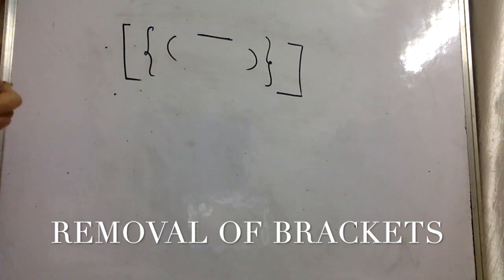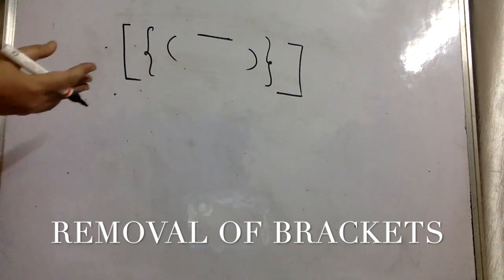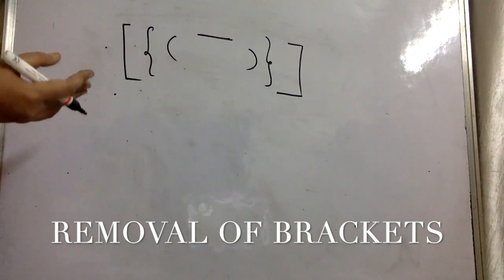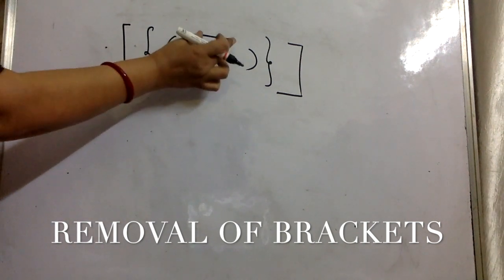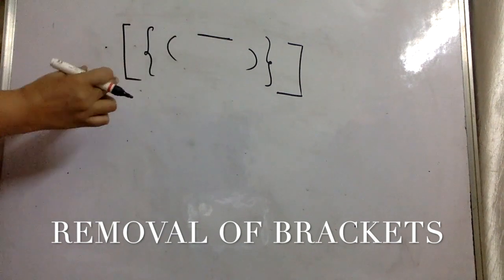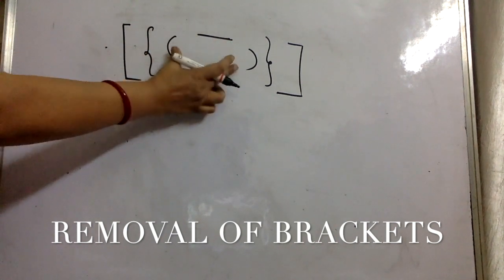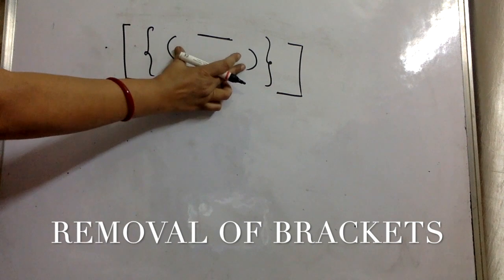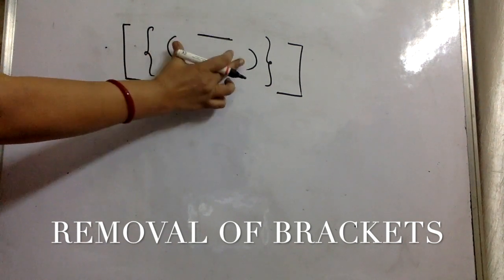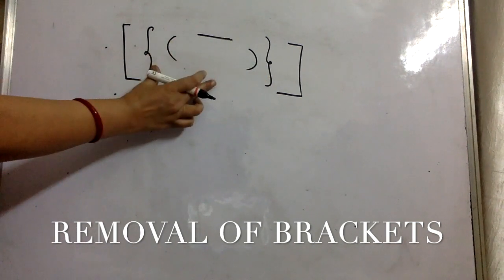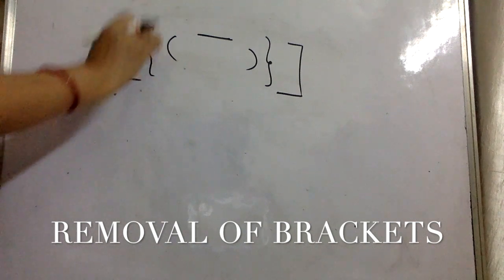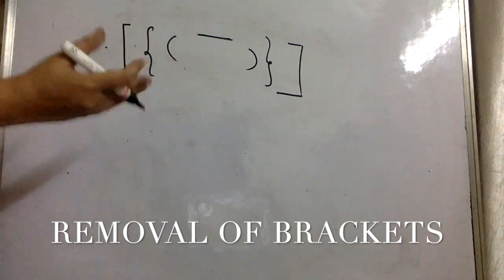Okay, so what is the order in which we should keep solving these brackets? We should first start with the bar bracket. Once it is solved, we solve whatever is there in this first bracket. If this is done, then we come to the curly bracket, and once the curly bracket has been solved, we can open the curly bracket.